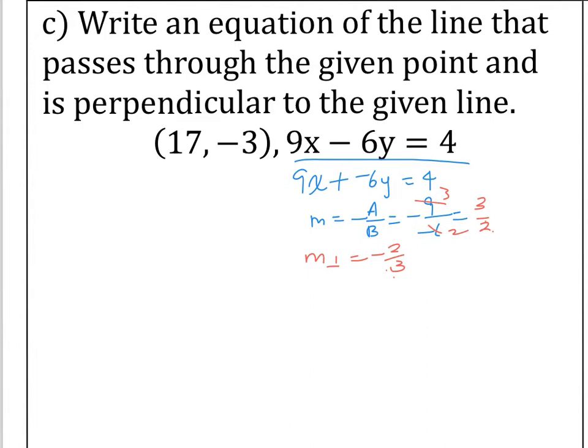Okay, now I'm going to use the slope-intercept form to find my equation of the line. y equal to mx plus b. So y here is negative 3. Perpendicular slope is negative 2/3. x is 17 plus b. Now I'm going to show all the steps so I don't make a careless mistake.